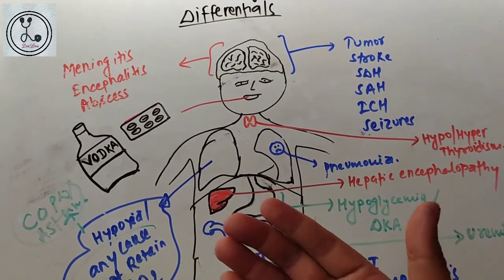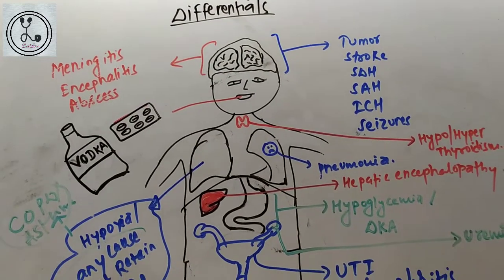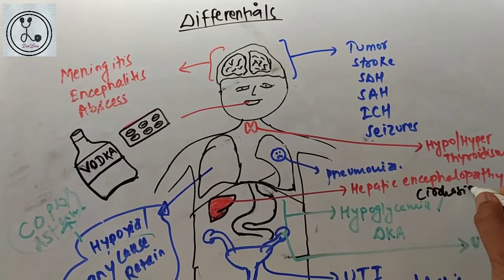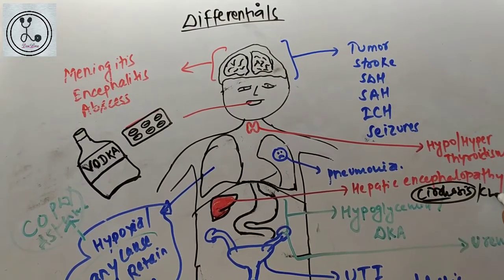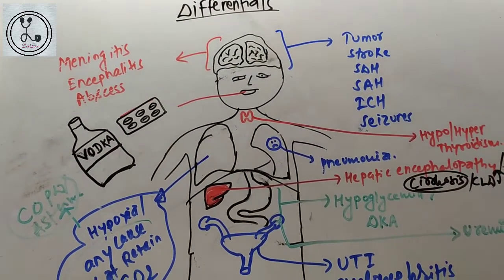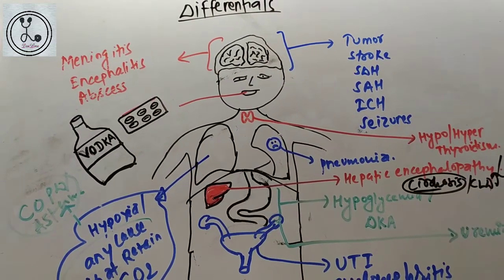Patients with liver cirrhosis or chronic liver disease will develop hepatic encephalopathy, and after that there can be altered mental status.